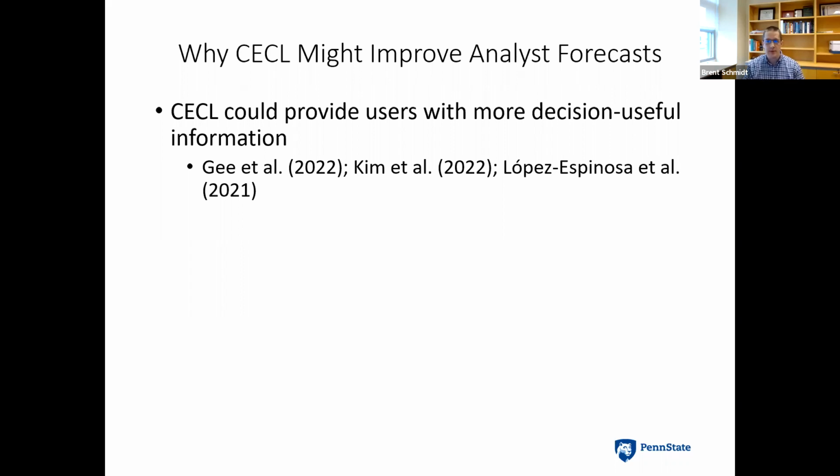Basically, all of these papers suggest that CECL provides better information, either decision-useful and new information to investors. That's the Guidal paper. And then the Kim et al. paper shows that provisions under CECL better map into future loan losses. So I think those papers are somewhat inconsistent with the idea that managers, at least on average, are using this in a more discretionary way. And it does seem that there's better information coming from the accounting system.